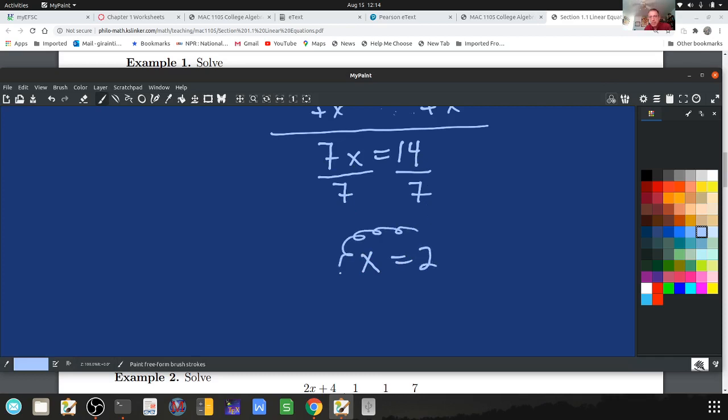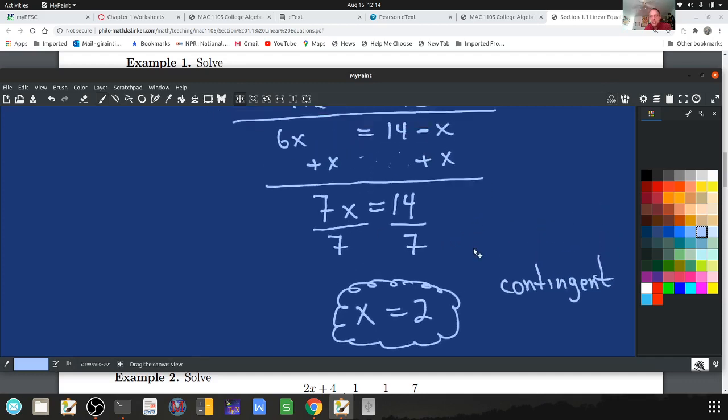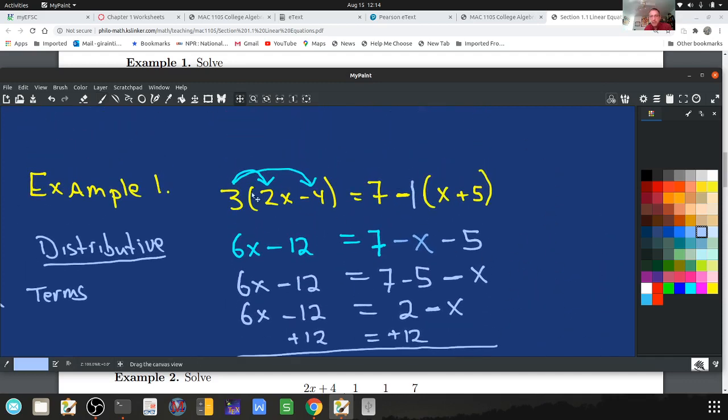So that is our proposed single solution. I got x is equal to 2. If I'm right and did not make an error, this equation is contingent. It has one solution. How do I know I'm right? Well, let's go back up to the original equation and plug in x is equal to 2.